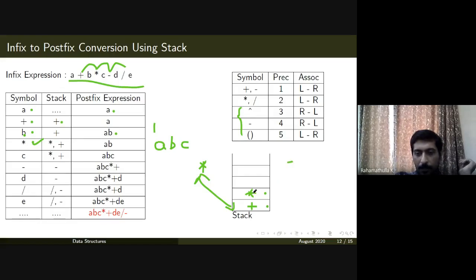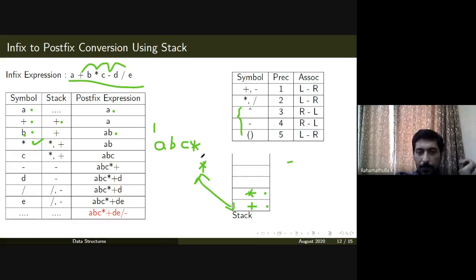On top of the stack you have an operator star, and the incoming operator is minus. The incoming operator has a precedence of 1, and the stack top operator has a precedence of 2. That means you need to pop out the operator available in the stack and attach it to the postfix expression.